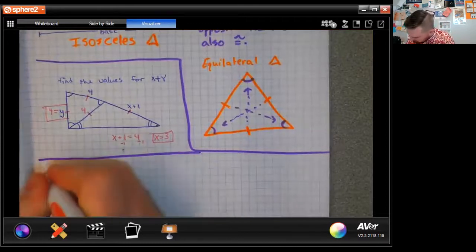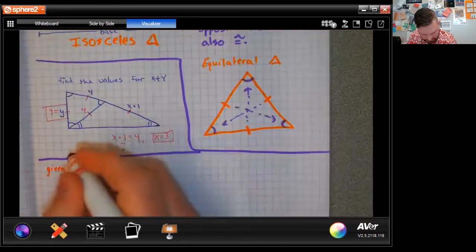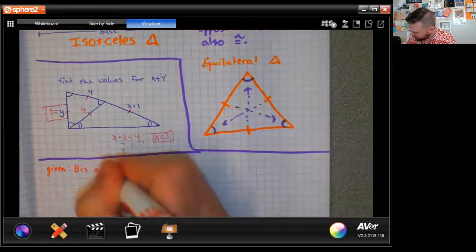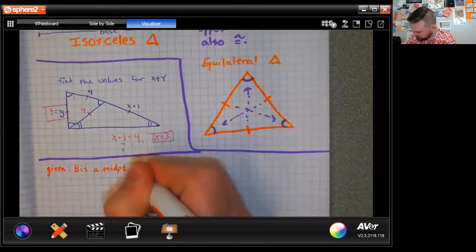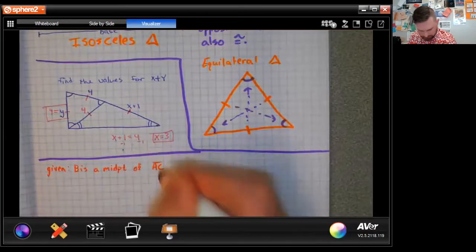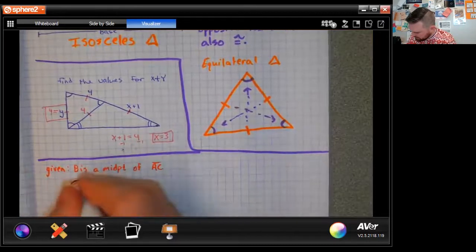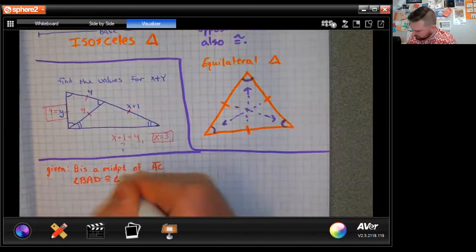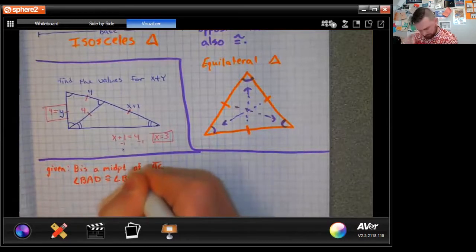So given: B is a midpoint of segment AC, and angle BAD is congruent to angle BCD.